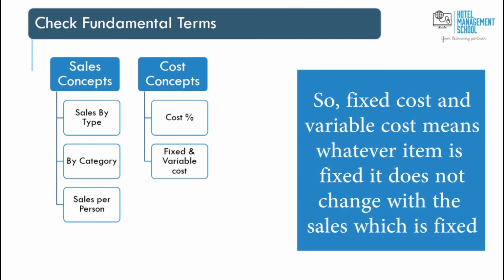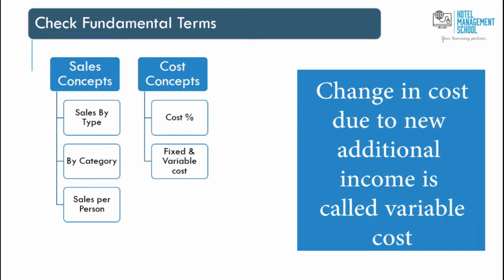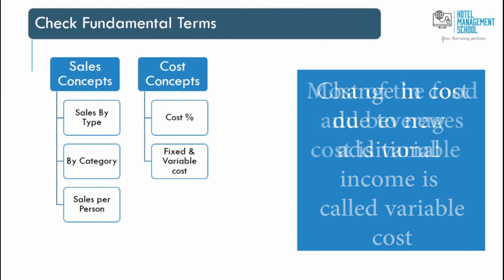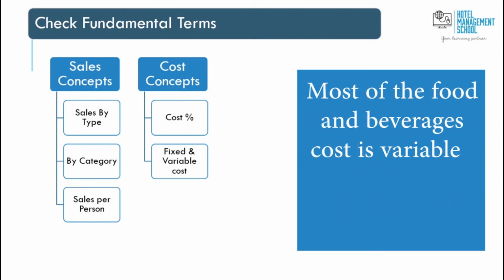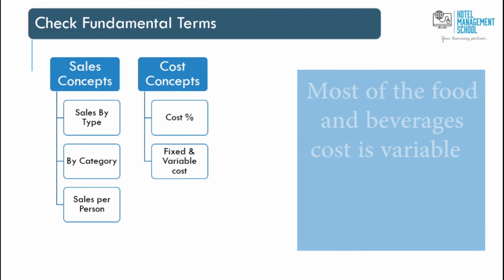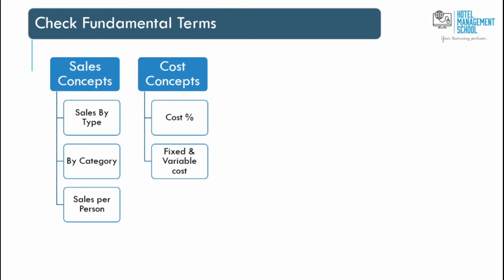So fixed cost means whatever item does not change with the sales. Whatever needs to change as per the additional income is called variable cost. Most of the food and beverage cost is variable. It's not fixed. But some parts like buffet and set menu are fixed to an extent, and the rest are variable. It depends on the volume.